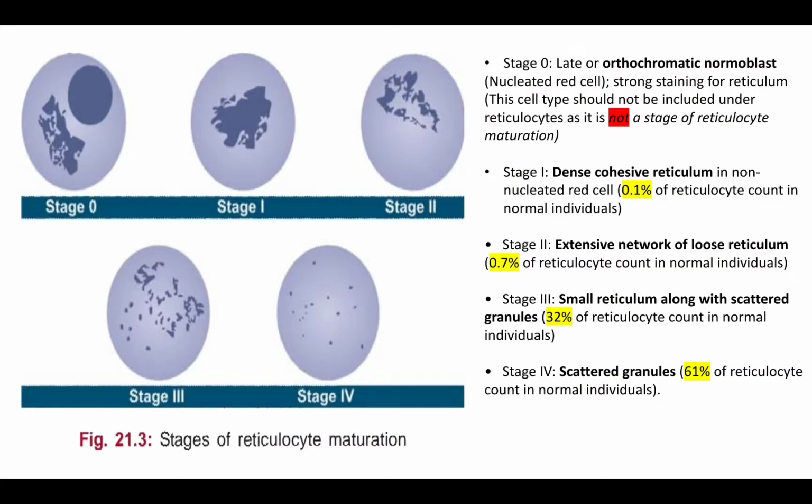Now, the stages of reticulocyte maturation. It is staged from stage 0 to stage 4. Stage 0 is the orthochromatic normoblast, which is not a retic. Stage 1 contains the dense cohesive reticulum, which is around 0.1 percent of total retics.